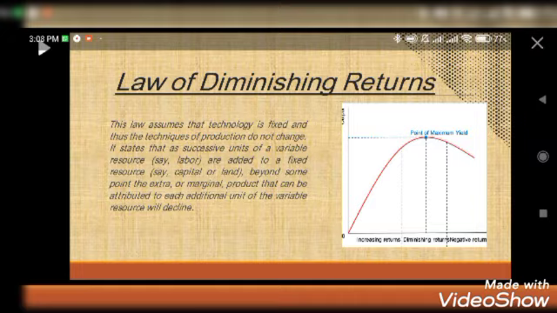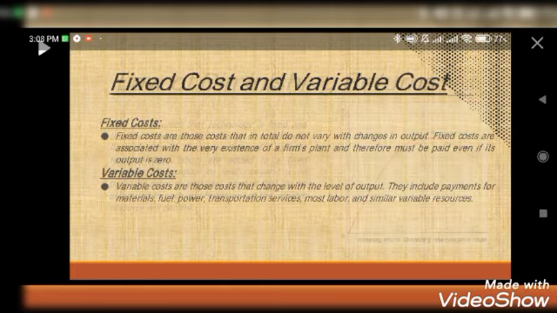Moving on to the next concept, that is fixed cost and variable cost. As you can see in the definition, fixed costs are those costs that in total do not vary with changes in output. Fixed costs are associated with the very existence of a firm's plant and therefore must be paid even if its output is zero.